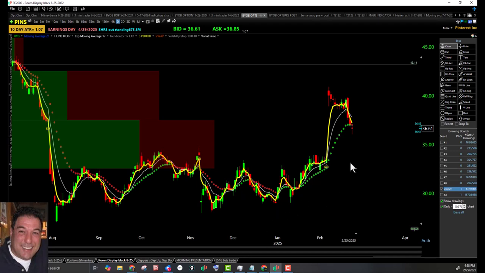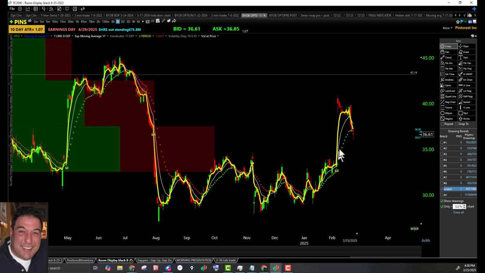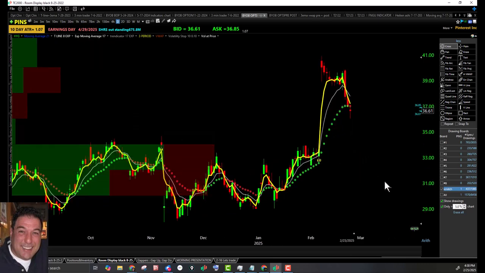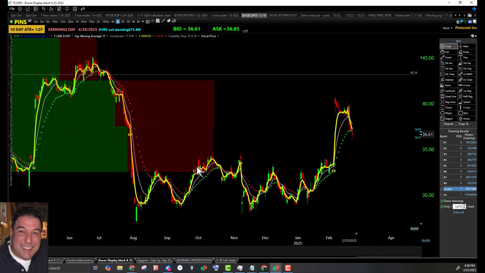So Pins is in an uptrend, not the greatest of uptrends. This is just too sloppy to play for me. It's very sloppy, and I wouldn't trade this because I got no edge. It's all over the place.